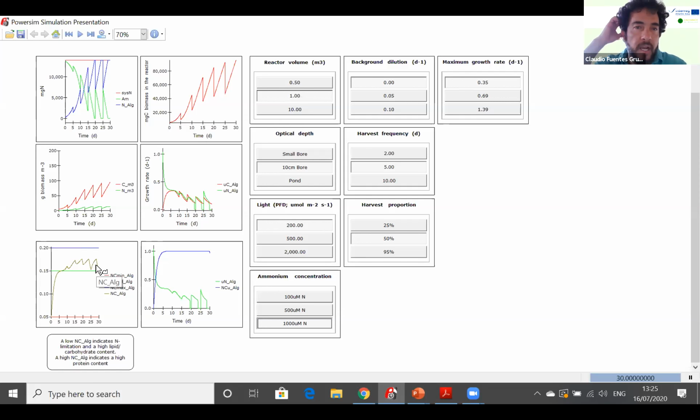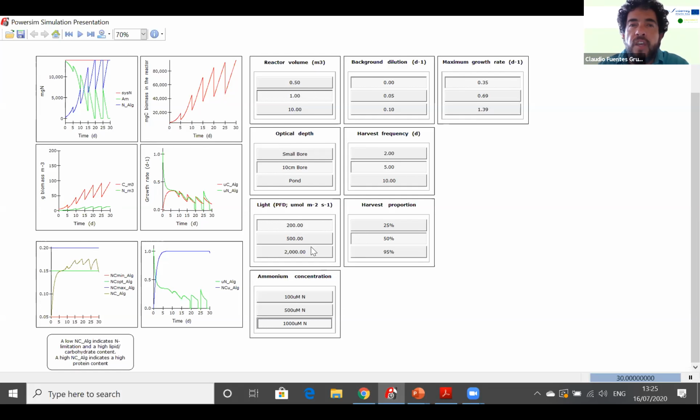It's a really expensive, high-value metabolite. We have an average of around 60 grams of biomass per cubic meter, and you can see that this is increasing all the time.